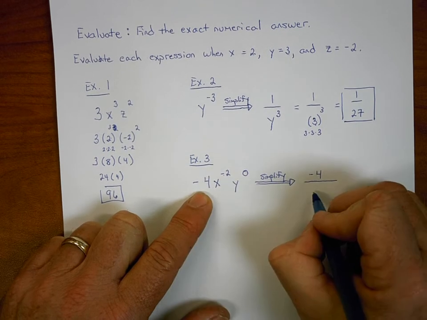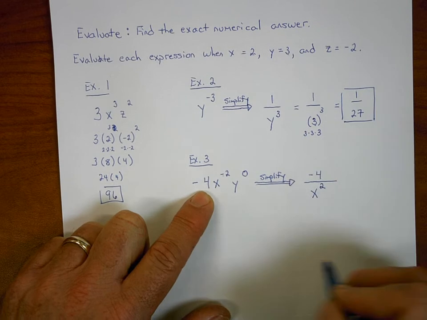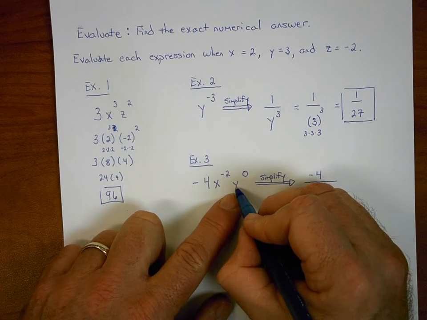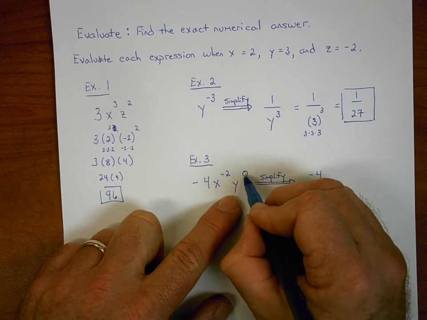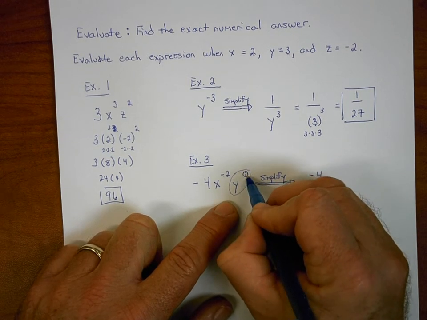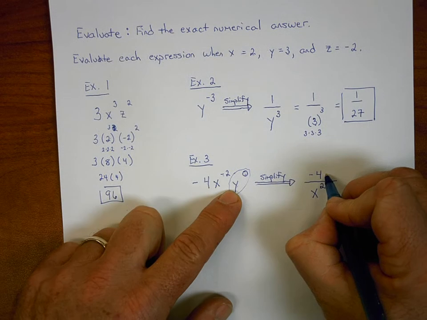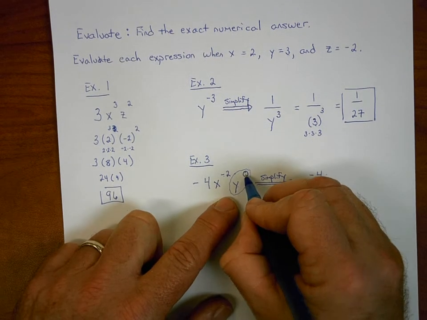The x to the -2 has to get moved to the denominator, but the -2 becomes a +2. And now to simplify y to the 0 power, remember that portion right there, 0 power makes that part 1. So really, this y to the 0 power, I don't have to move it, but it becomes 1.